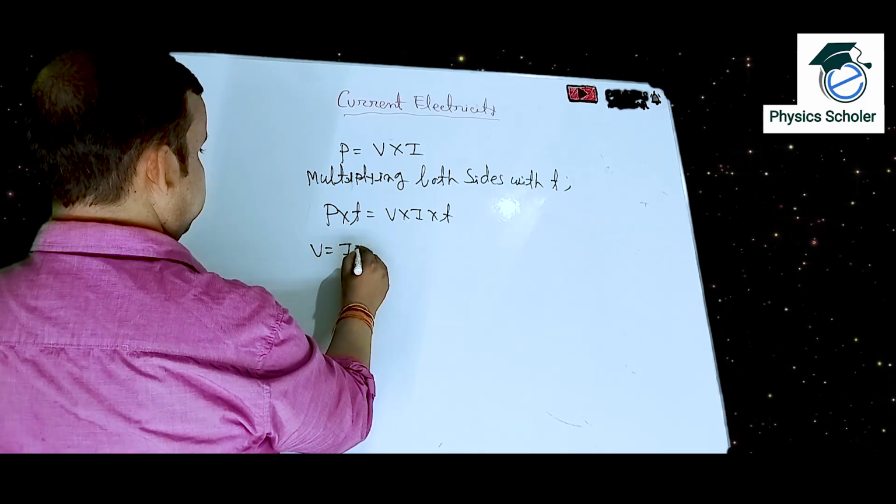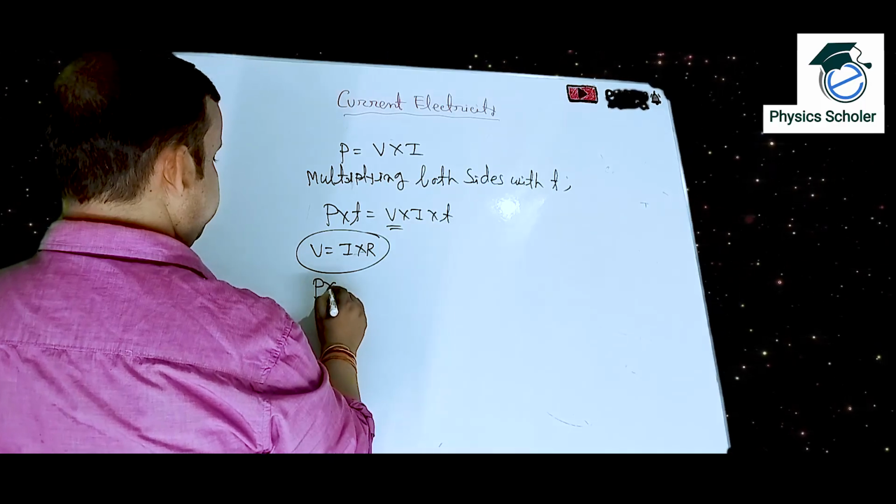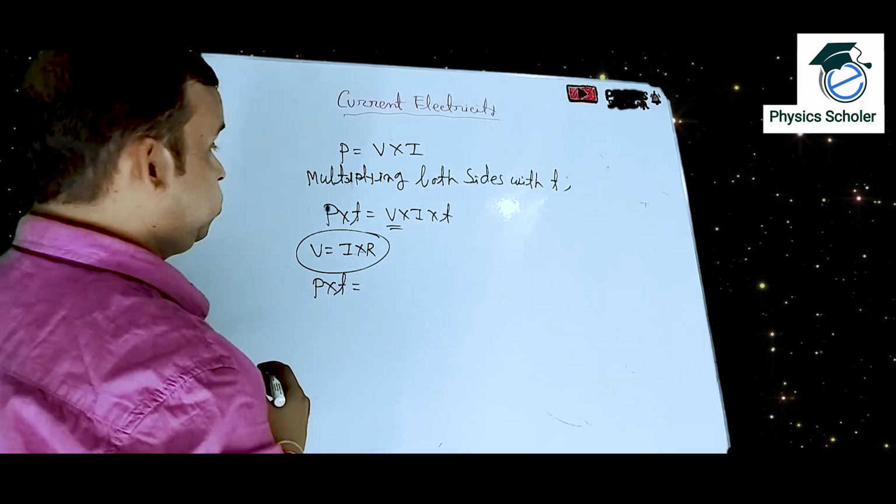V is equal to I into R. Now you can put here P into T, that means energy consumed.